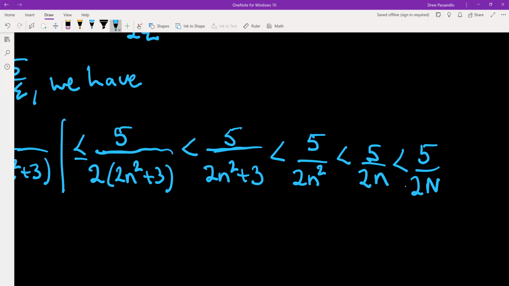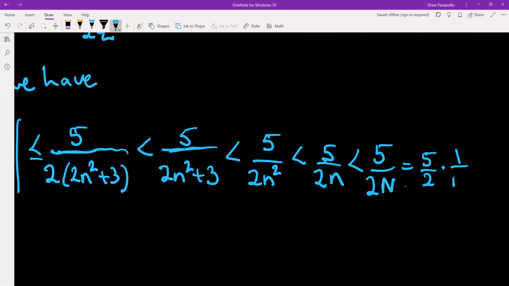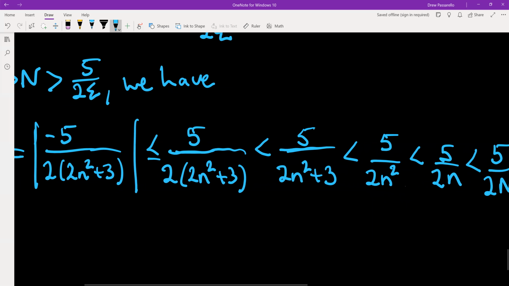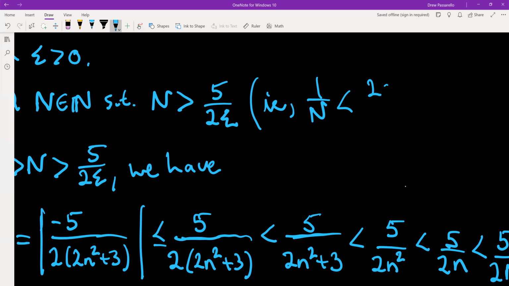But then 5 over 2 times capital N, that's the same thing as 5 halves times 1 over capital N. And we know that since capital N is bigger than 5 over 2 epsilon, that means, in other words, 1 over capital N is less than 2 epsilon over 5.